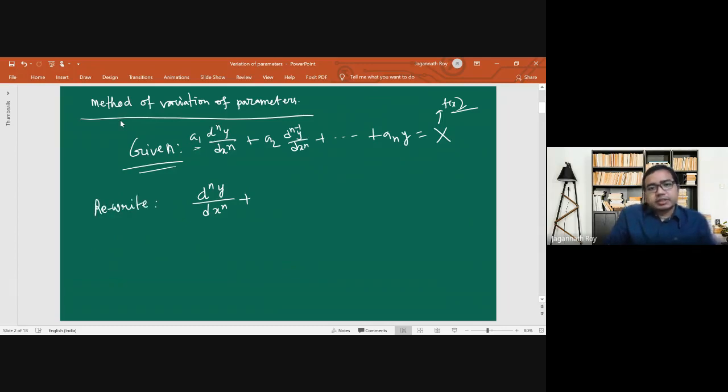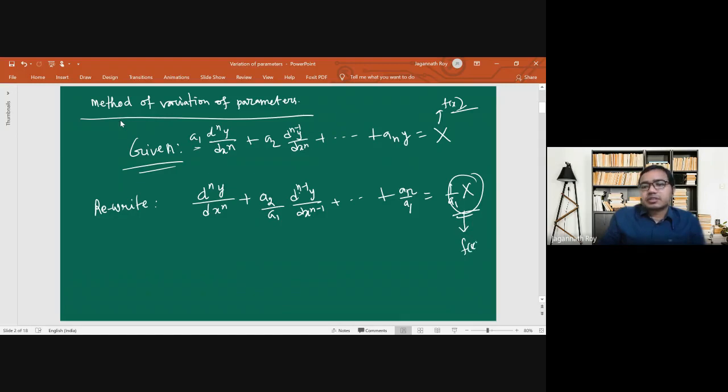We need to rewrite the equation: d^n y by dx^n plus a2 by a1 d^(n-1) y by dx^(n-1) plus and so on plus an by a1 y equals 1 by a1 into X. It remains a function of x since a1 is constant here.